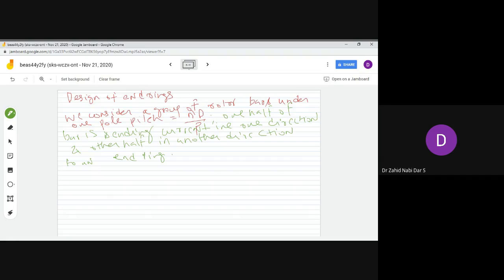Let's suppose the current through each bar we calculated is IB, or the maximum current through each bar is IB max, and it occurs for all bars at the same time.